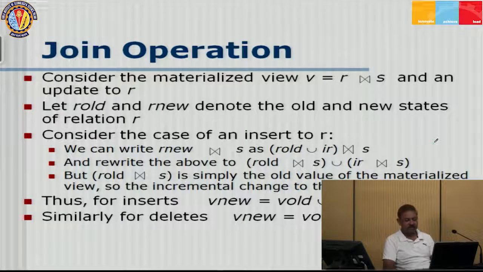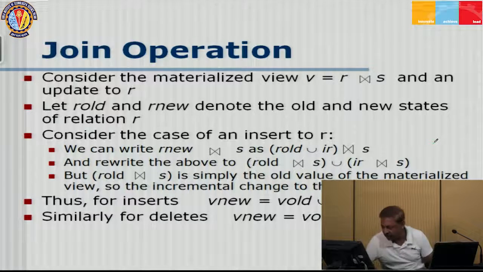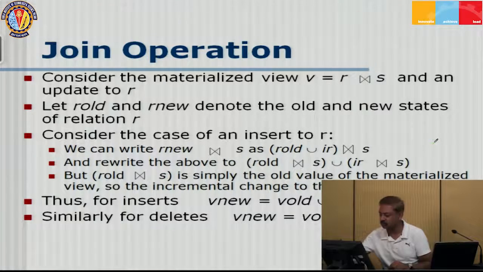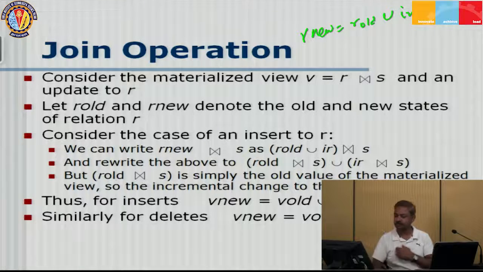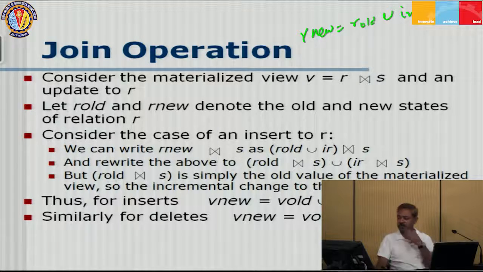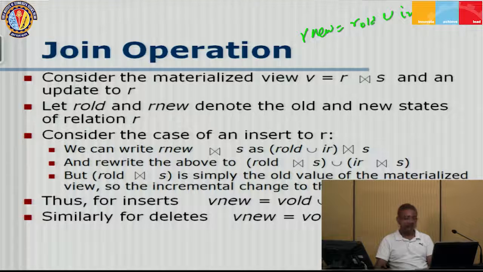R old is the original relation R, and R new is the new relation obtained after inserting IR into R old. So R new is nothing but R old union IR.